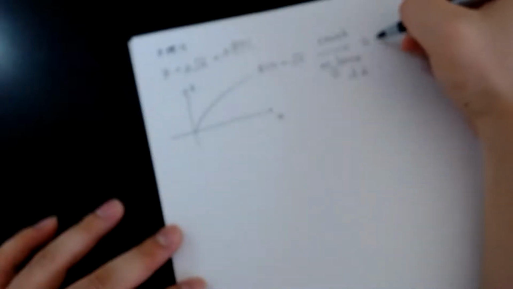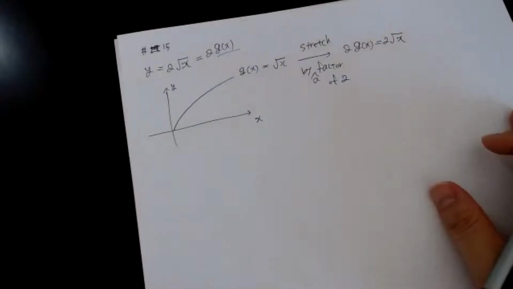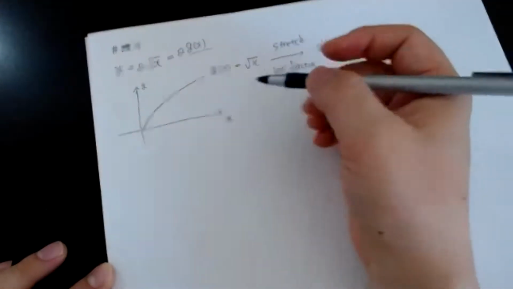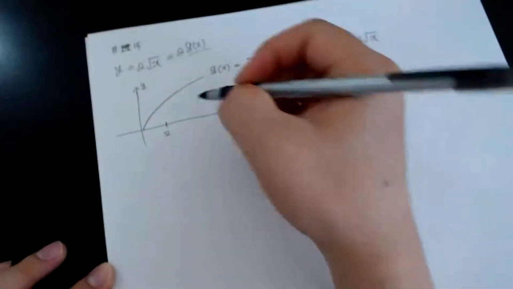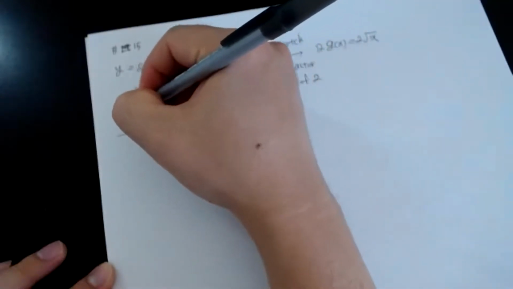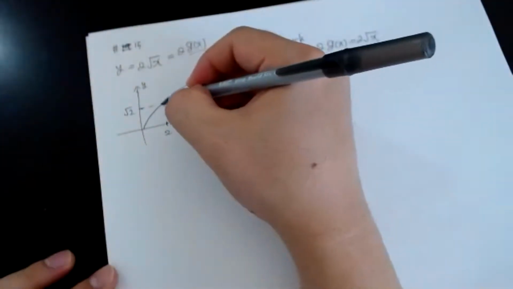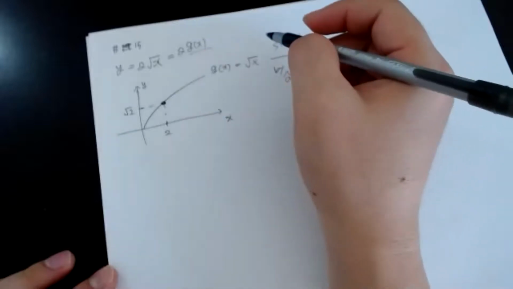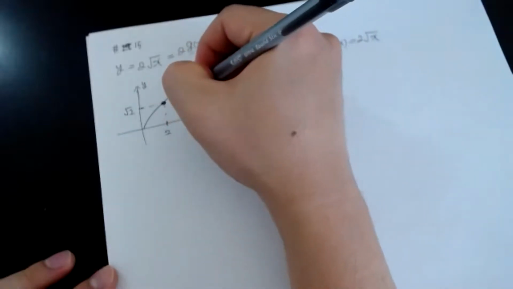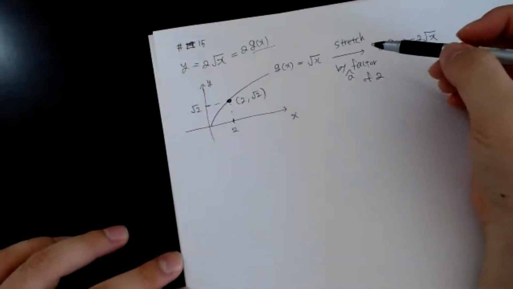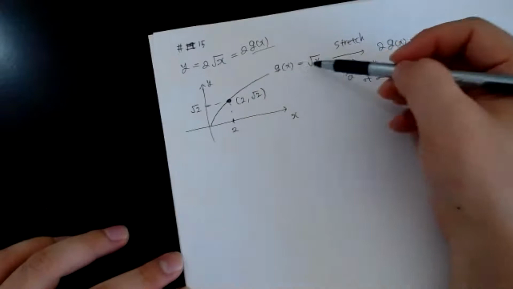So then we're going to get 2 times g of x, which is 2 times square root of x. Okay. So now, when x equals 2, here's the square root of 2, right? That's the y coordinate of the point on the graph of g of x, 2 comma square root of 2, right? So what if you stretch the graph of g of x by a factor of 2?